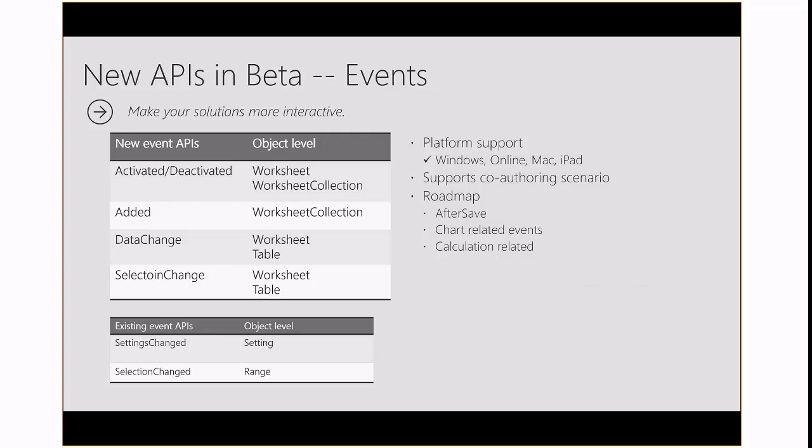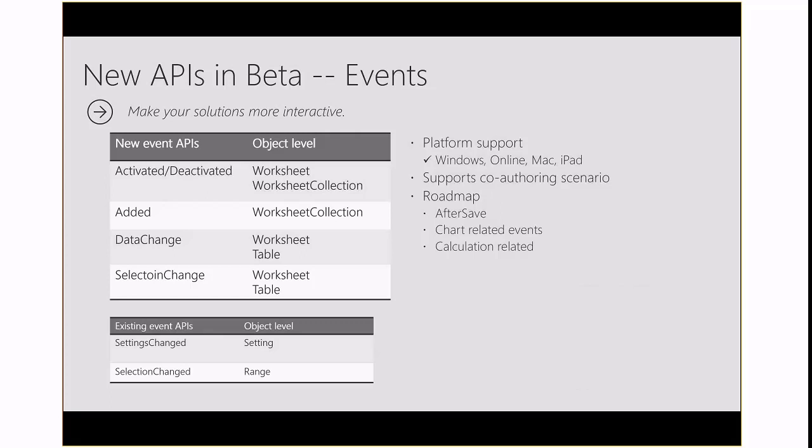We've had worksheet events and Excel events before. Those centered around selection change, data change based on the binding, and settings change events. Those have existed since 1.2, 1.3, but they were limited in nature, and we are adding support for a lot more events.